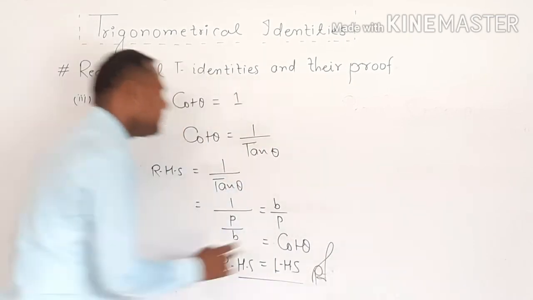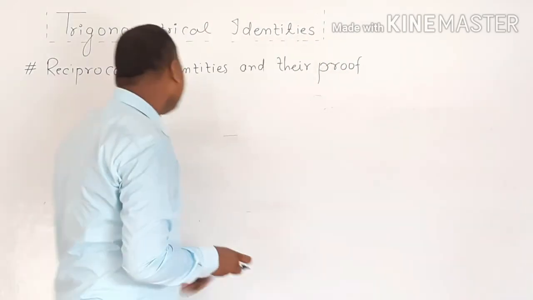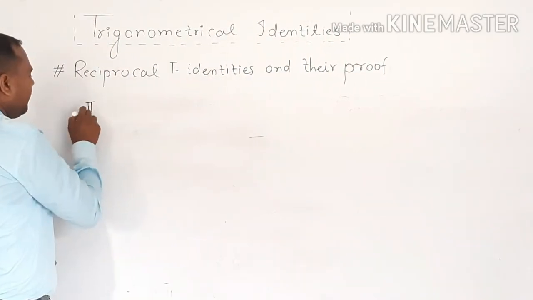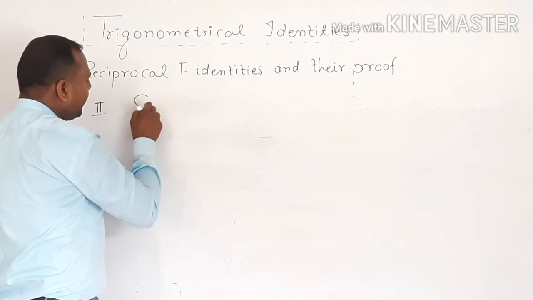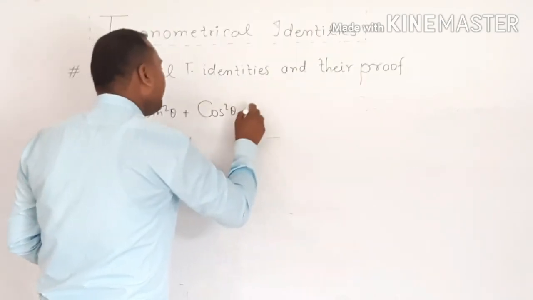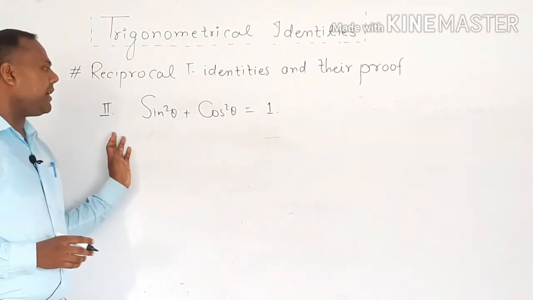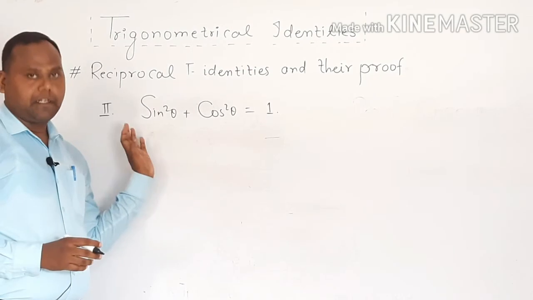Proved. Now the second phase is the square formulas. The first formula is sin square of theta plus cos square of theta will be equal to 1. This is the second phase because in this phase all square formulas are involved.